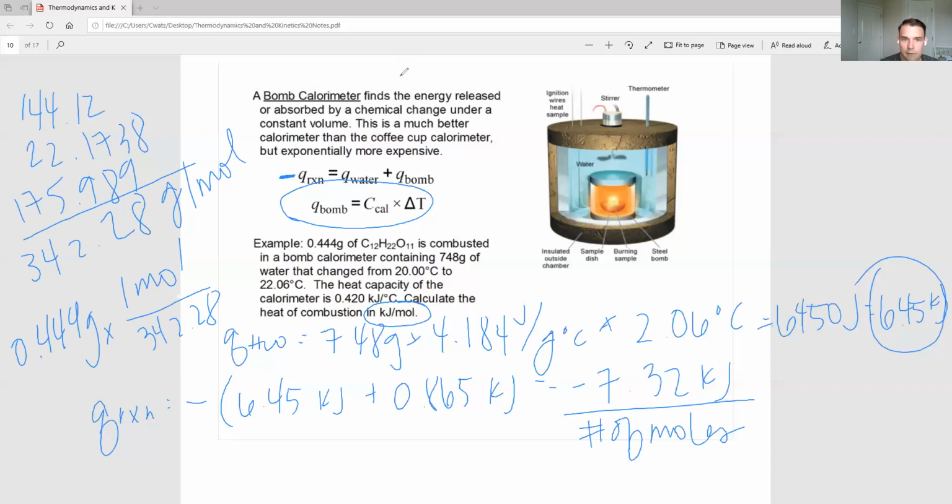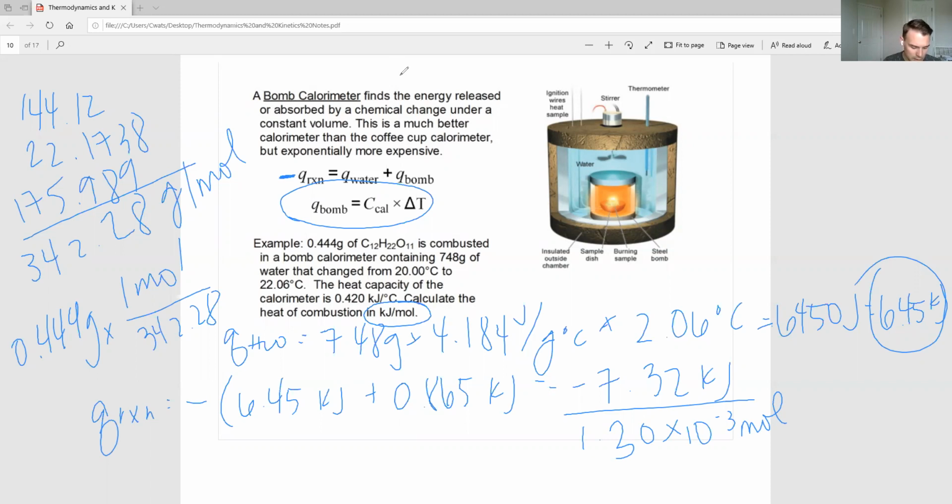And that's going to give me, I'm going to replace this with the actual number of moles. 1.2, well, I'm going to round that up to 1.3 times 10 to the negative third moles. And then I'm just going to do the division. 7.32 divided by 1.3 times 10 to the negative third.